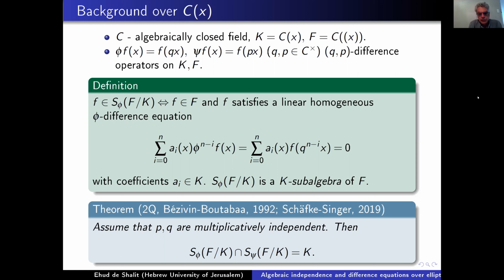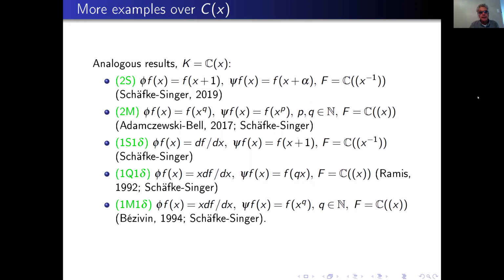And under the assumption that p and q are multiplicatively independent, so no power of p is a power of q except for one, of course, then it is very difficult for a power series in F to simultaneously satisfy a phi difference equation and a psi difference equation. In fact, this happens if and only if this power series is already the expansion of a rational function.